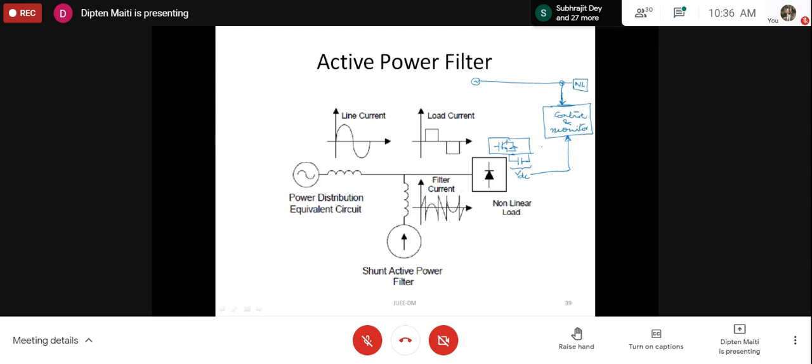Hopefully you have studied the inverter. Actually, this active power filter behaves very similarly to an inverter. It would convert the DC voltage to the AC voltage, such that the harmonic currents are generated, and that would compensate the harmonic current generated by the nonlinear load.